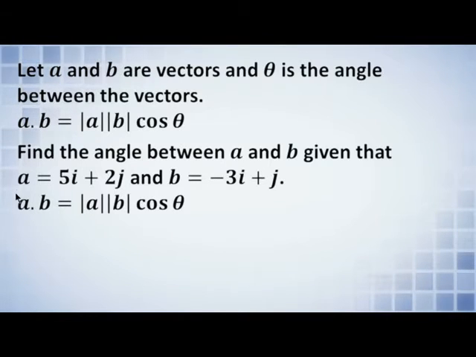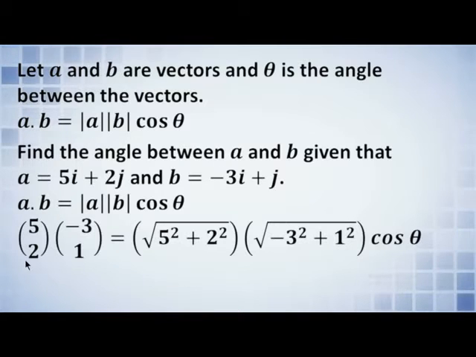And we know the other formula of A dot B. A dot B is (5, 2) times (negative 3, 1), from the components of each vector A and B, equal to the magnitude of A. This is the magnitude of A, square root of 5 squared plus 2 squared from the components of A, and this is the magnitude of vector B, square root of negative 3 squared plus 1 squared from the components of B, cosine theta.